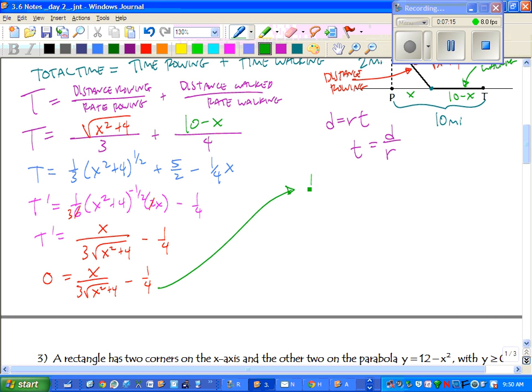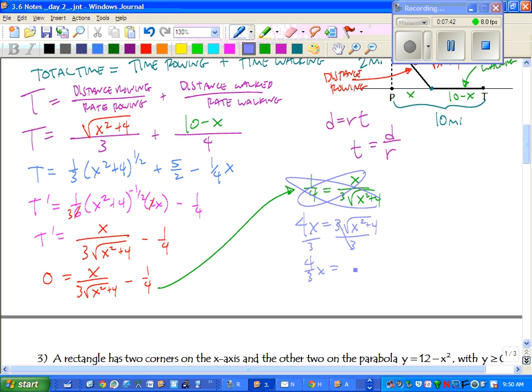So to solve this, I'm going to add the 1/4 to the other side. And now to get rid of these fractions, I'm going to cross multiply. So 4x equals 3 times the square root of x squared plus 4. Divide both sides by 3 to get this square root by itself.